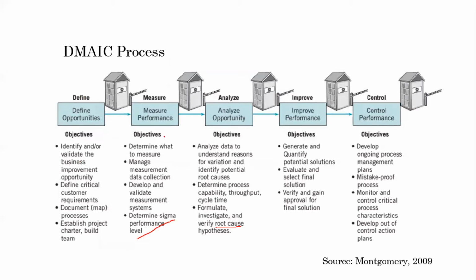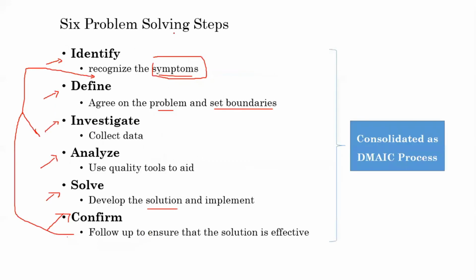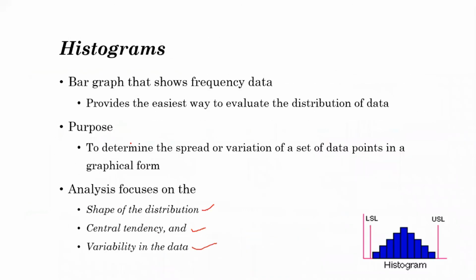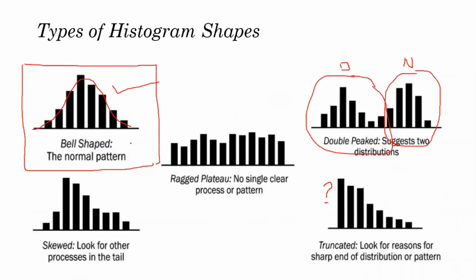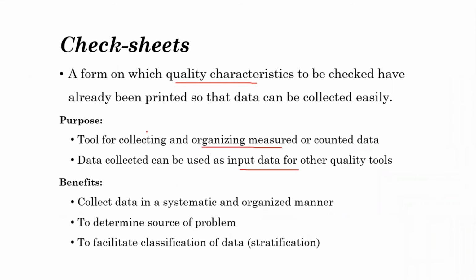In measurement, you have to collect data, or in the 6 problem solving steps, we have said investigate by collecting the data from the process. So data collected from the process needs to be systematic, and for that, we are recommended to use well-designed, well-established, and collectively agreed check sheets for consistency and systematic purpose.